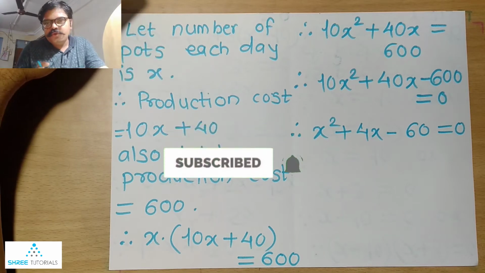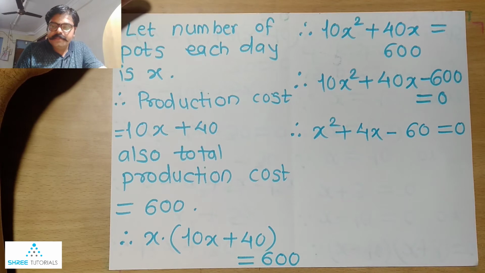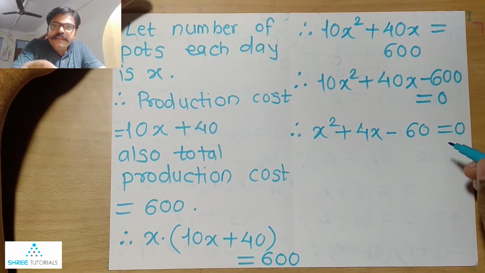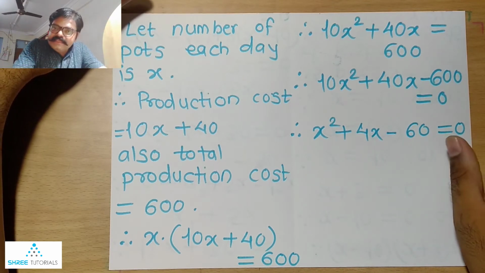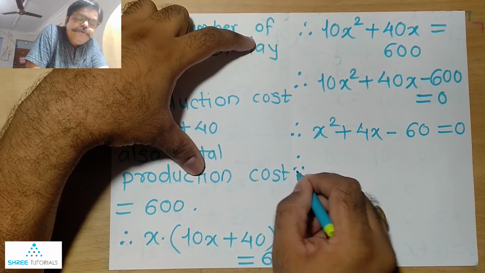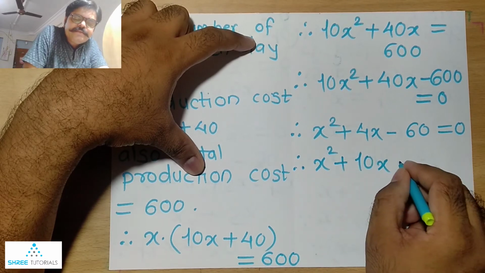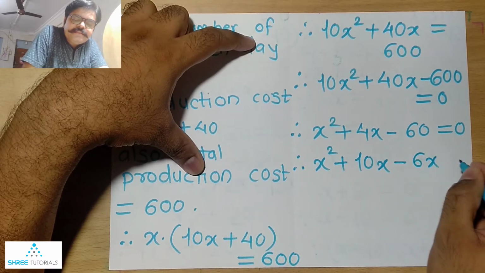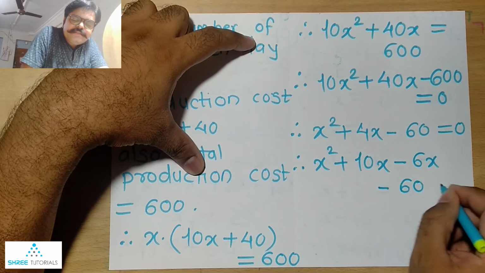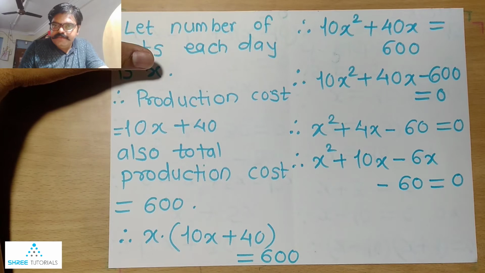Now this can be solved by using the factorization method, and for minus 60, the factors we can utilize are plus 10 and minus 6. Therefore x square plus 10x minus 6x minus 60 is equal to 0. We have utilized the factors over here.